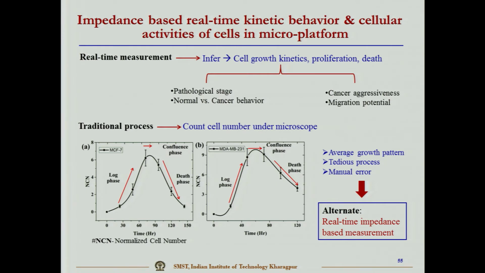These two are breast cancer cell lines, but MDA-MB-231 is much more malignant compared to MCF7. Here you can see that with time variation, this is the growth, then you have proliferation, and then you have a cell death process, and this is the impedance value, in real time impedance measurement.